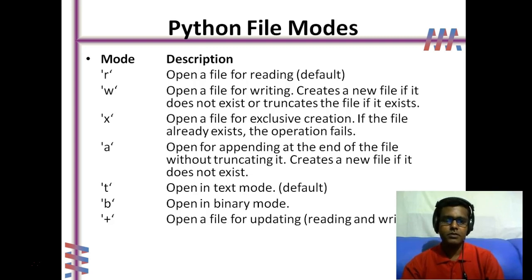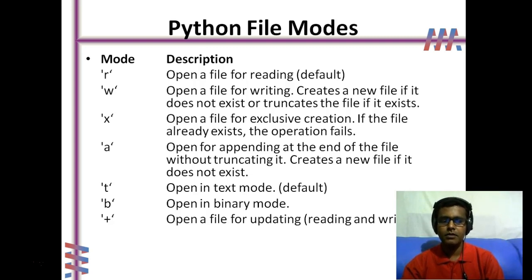The next mode is append, a. If I open the file in this mode, it will start writing the data at the end of the file. It will not delete any data if the data is already available in the file. If the file is not available, it will create a new file. The next mode is t, the default mode in which you open files, that is text mode.